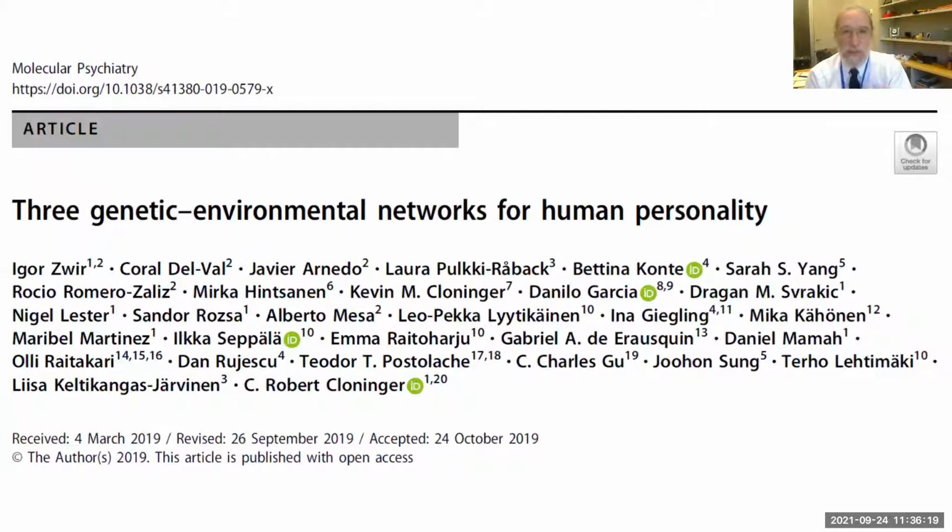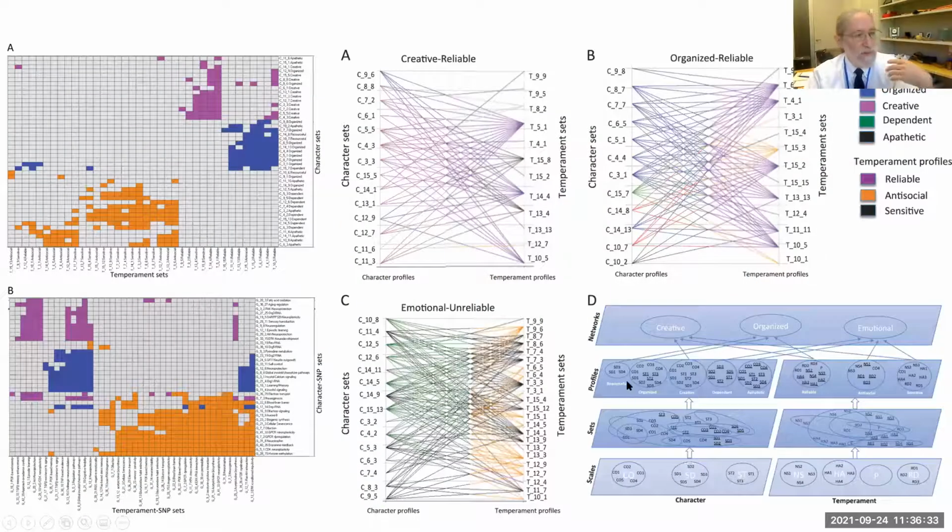We did this by clustering of both temperament and character combined, and created personality profiles that were driven both by genetics and by behavioral features that allowed us to, again, identify very specifically groups of individuals who had personality traits that were common and that led to varying levels of well-being.